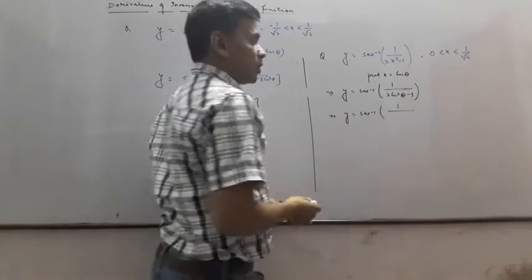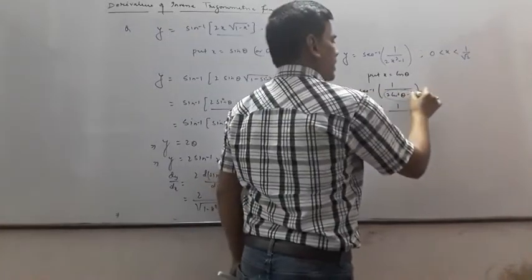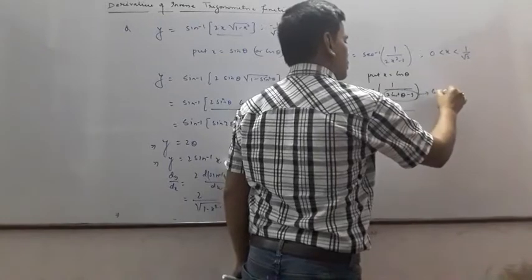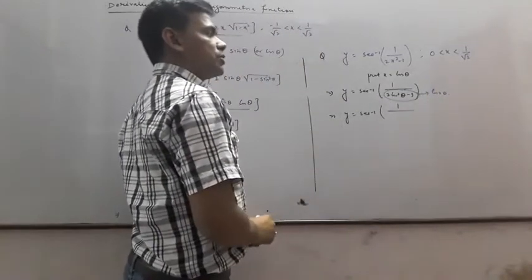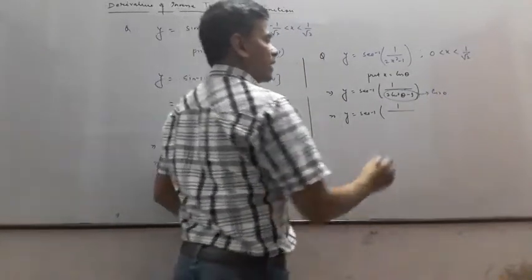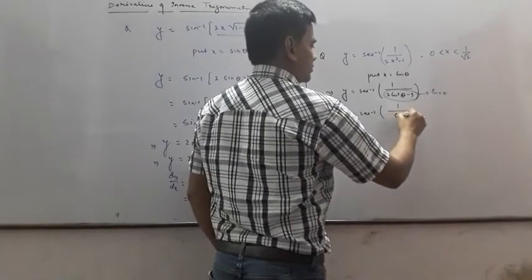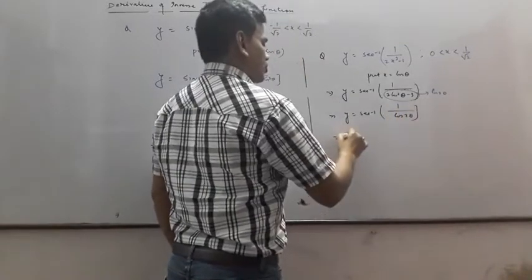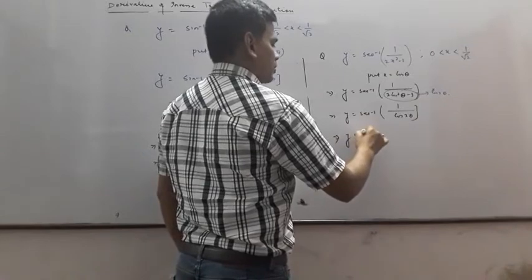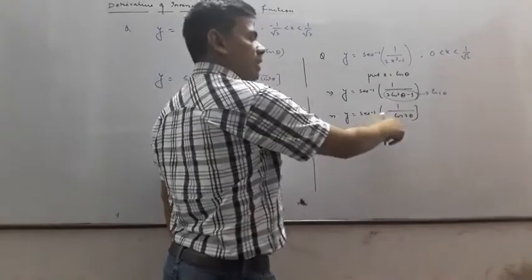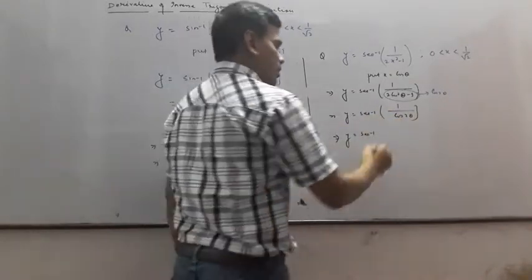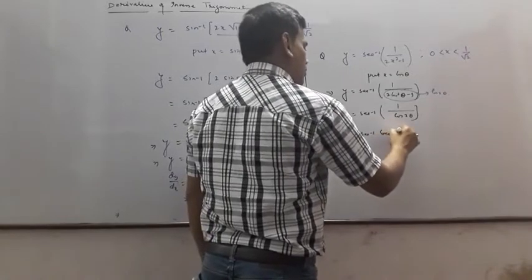2 cos square theta minus 1 is the formula for cos 2 theta. So we write cos 2 theta. So y equals sec inverse, and 1 by cos 2 theta is sec 2 theta.